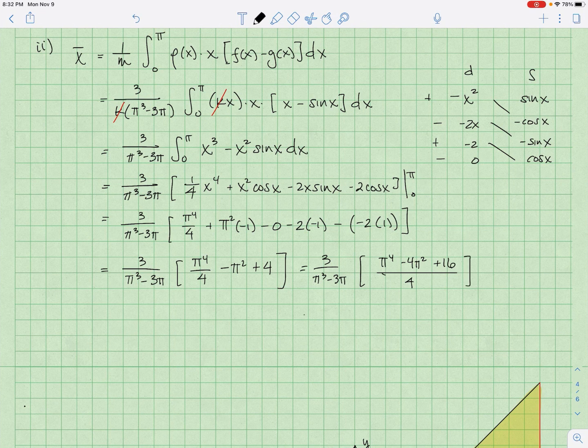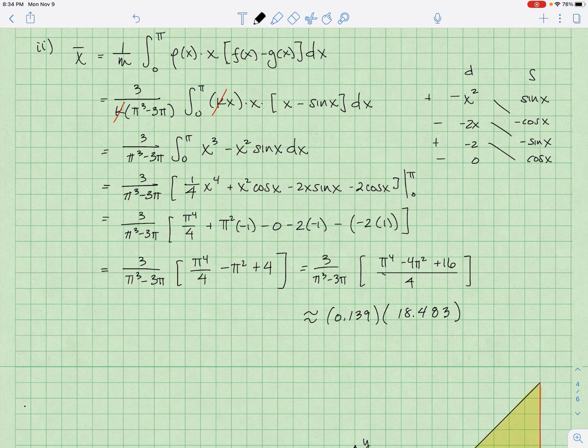Doesn't matter. We can get a decimal approximation for that. This is, after all, an engineering problem. So let's do that. And this becomes, let's see, about 0.139 times about 18.483.